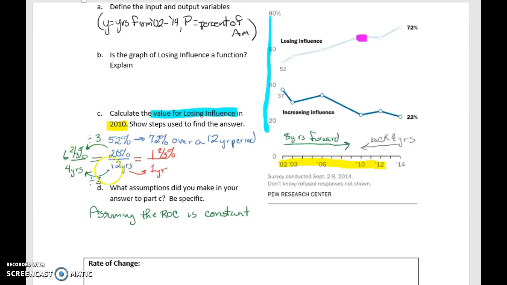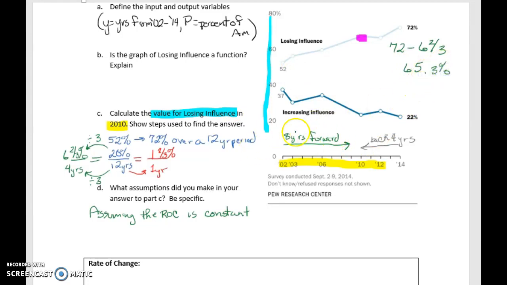Now if I'm going to go back 4 years, I'm simply going to take 72 minus 6 2/3%, which leaves me with 65.3%.